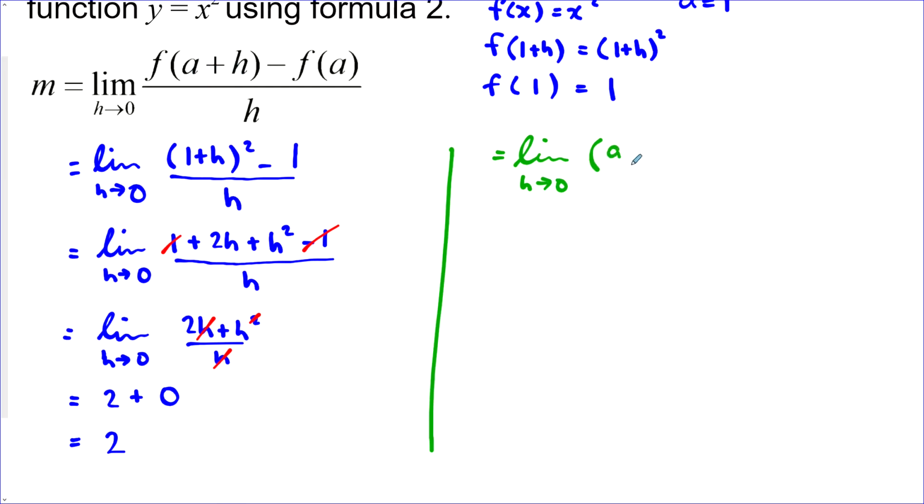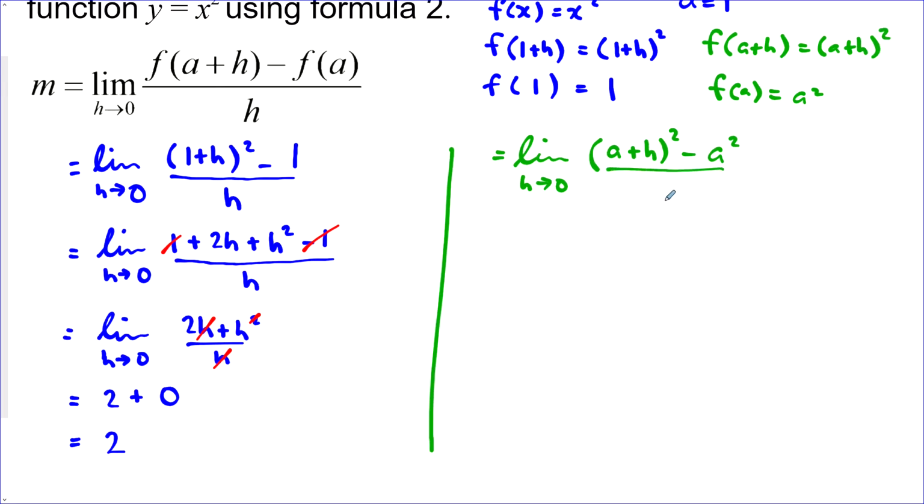So then we'd have a plus h squared minus a squared instead. So instead of putting 1, we would have f at a, and for this one here, we would have f at a plus h, which is a plus h squared. Okay, and then in the denominator, we'd still have this h. So I didn't put a equals 1 in here yet. Let's see if we can still work this out.